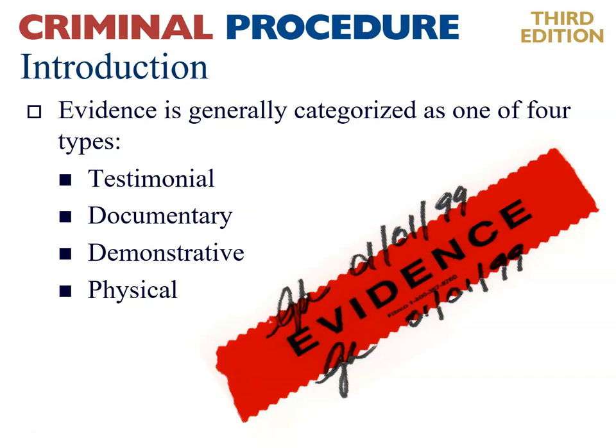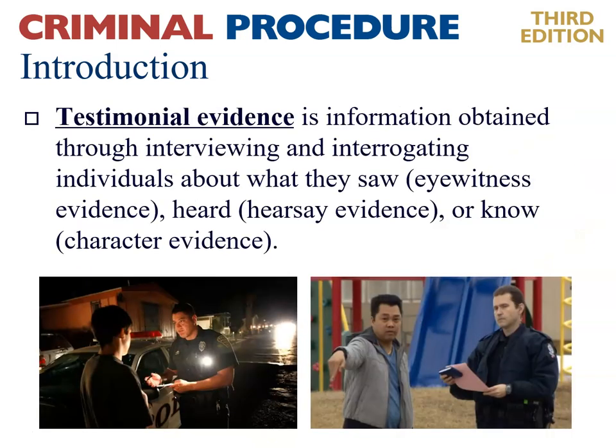There's going to be testimonial, there's going to be documentary, there's going to be demonstrative, and then physical evidence. I think it's important that before we move forward, I give you just a little taste of each one. So let's briefly define those, since we know that investigations are going to require the searching and collecting and seizing of evidence.